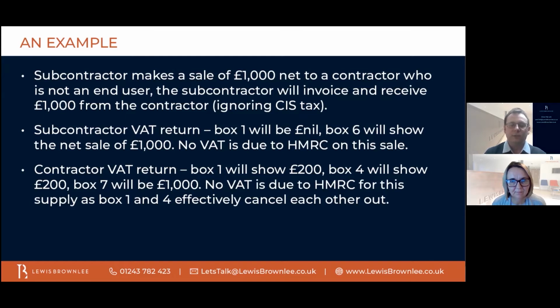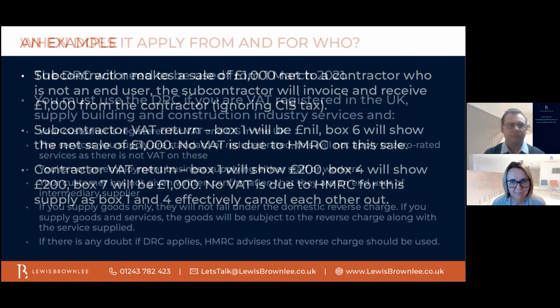You'll have an odd scenario there where you have a sale without any VAT, but that's how the domestic reverse charge mechanism works. The contractor's VAT return will now show in box 1 and box 4 £200. Box 7 will show the £1,000 net purchase, but again, no VAT is due to HMRC. As I said previously, those two cancel each other out.